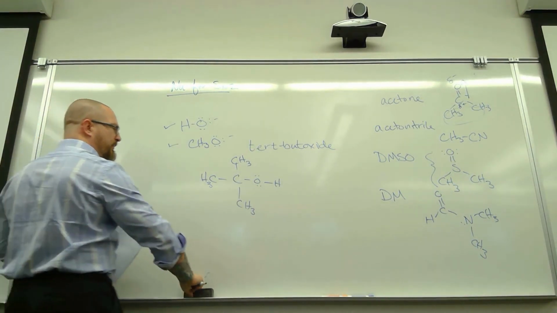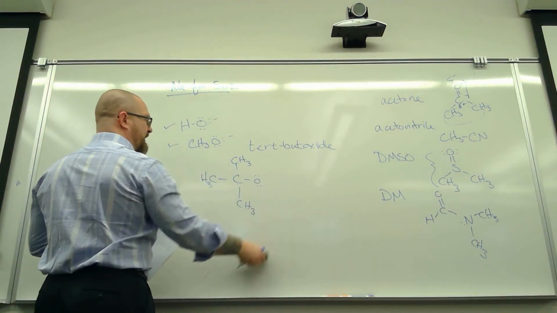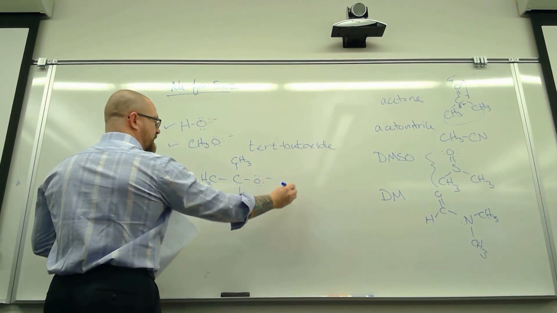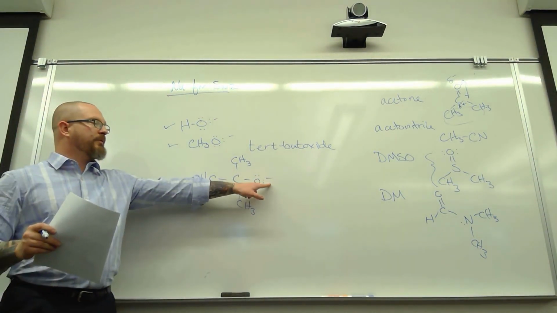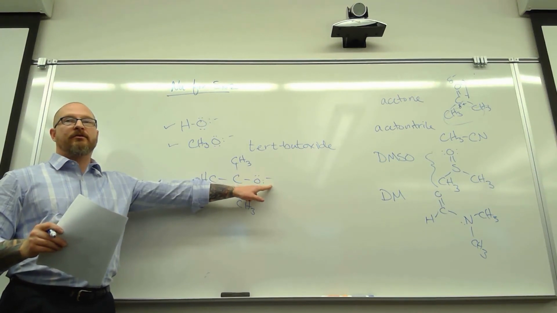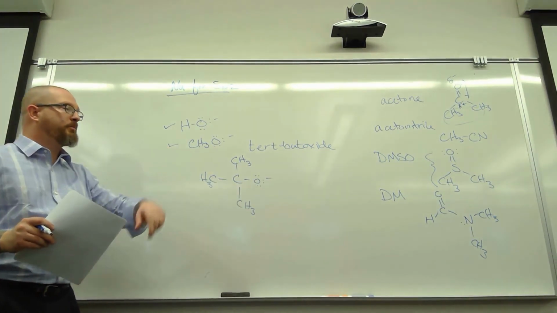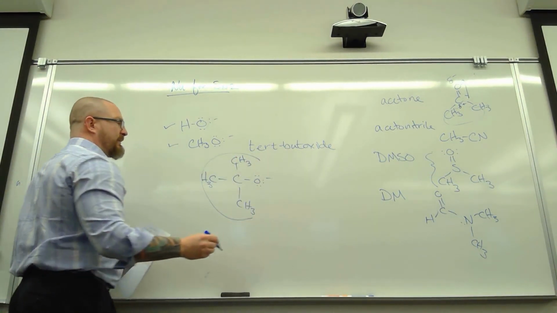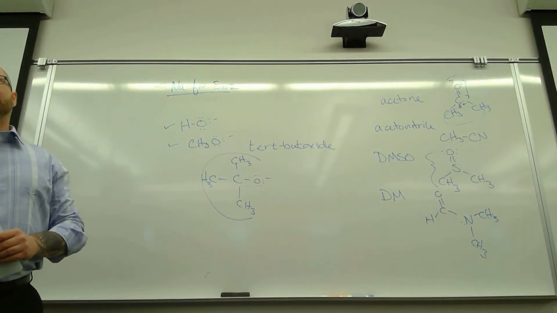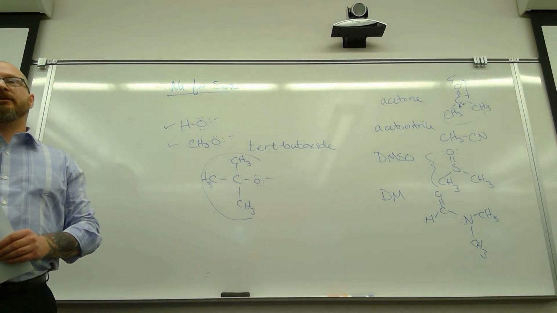When T-butyl alcohol is deprotonated by an acid, you get T-butoxide. This is very basic, very strong base, but because of all this bulky group, it has a very hard time acting as a nucleophile in an SN2 reaction.